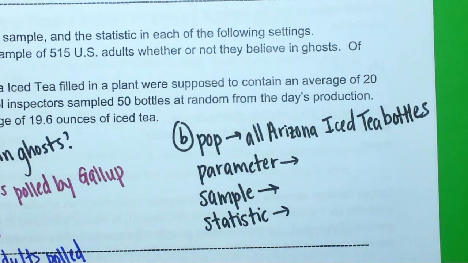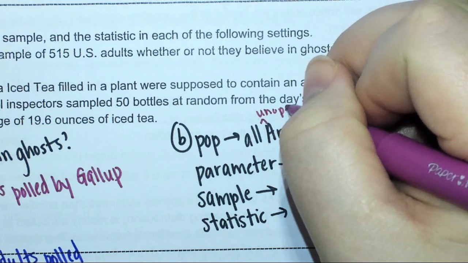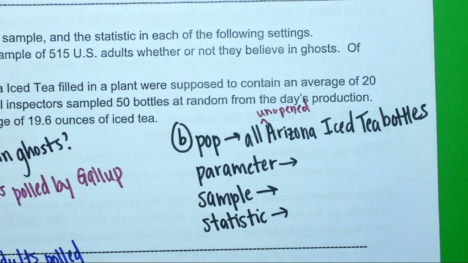Should we say in a plant? I guess we should. I thought about putting in the word unopened in case someone was being facetious and said they've already drank out of this. So we're talking about ones that have not been opened, but maybe that was implied. Maybe I'm being too realistic. One would think, but people overthink life all the time.